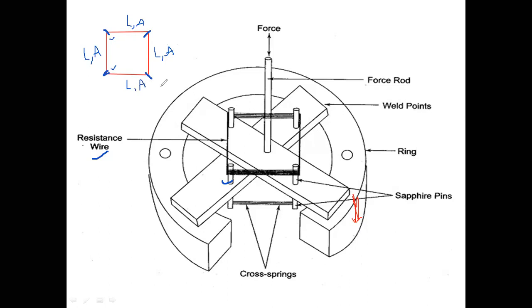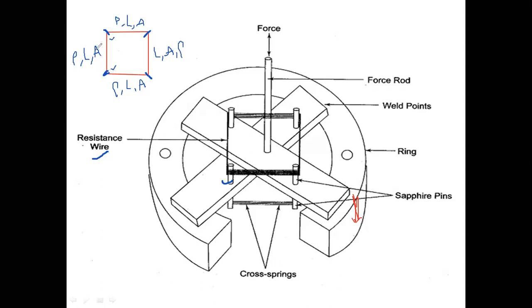I am taking the same material throughout the strain gauge, so resistivity rho is also the same. So rho, L and A are the same throughout the material.